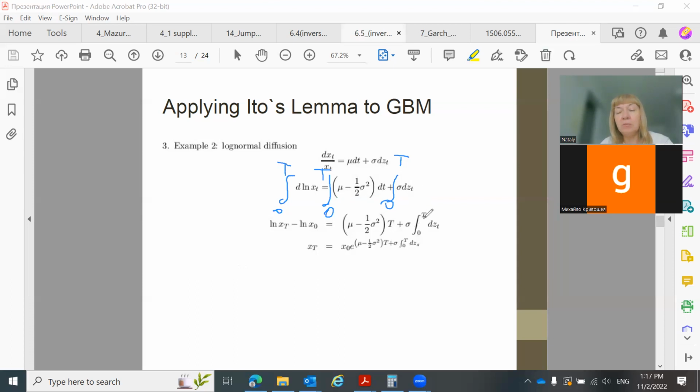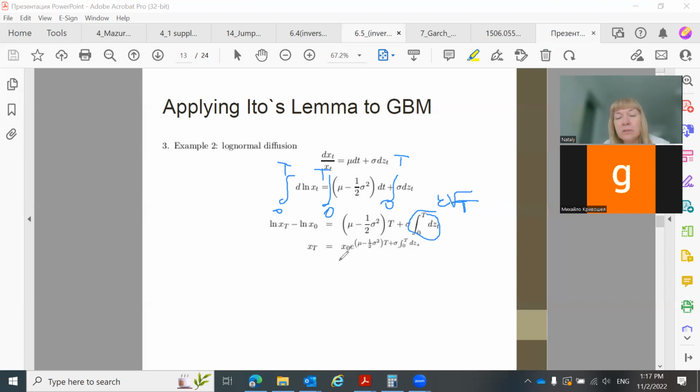And sigma times the integral of the differential of Brownian motion is just epsilon square root of t.